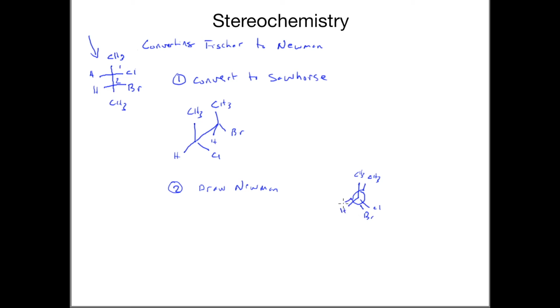Once you do that, you can see that you have something that looks like this. And then we're going to draw it such that it is in a staggered conformation. So we're just going to rotate everything just a little bit.